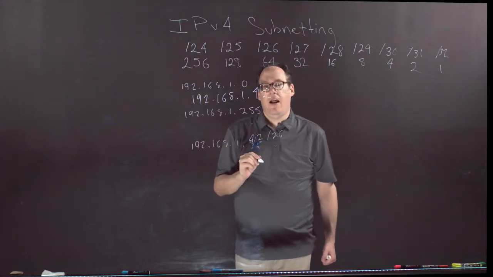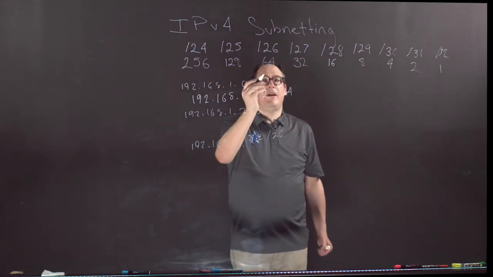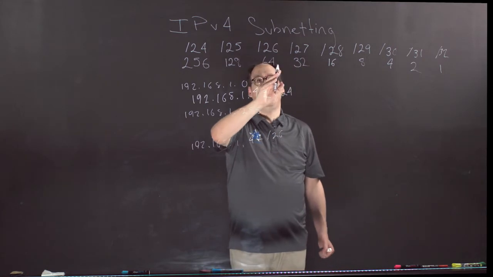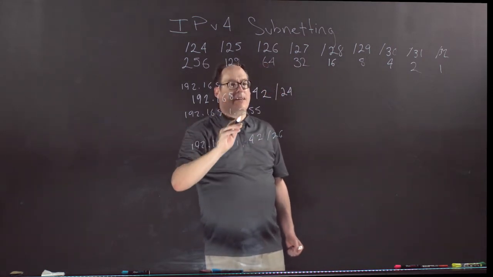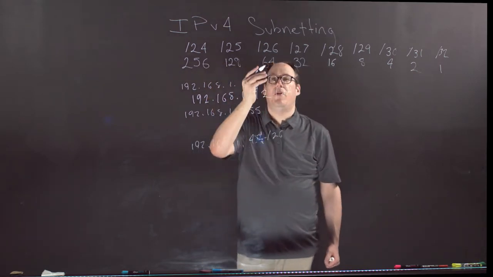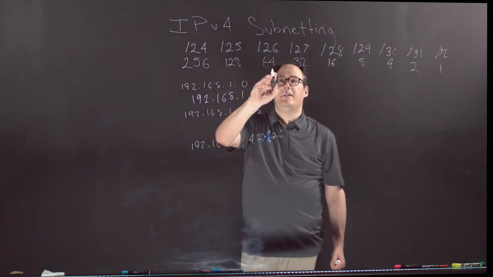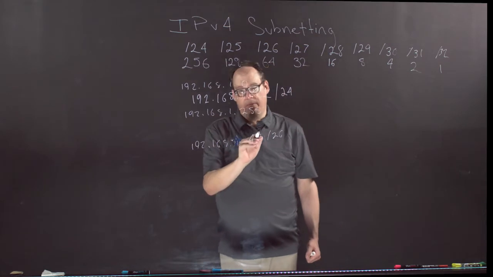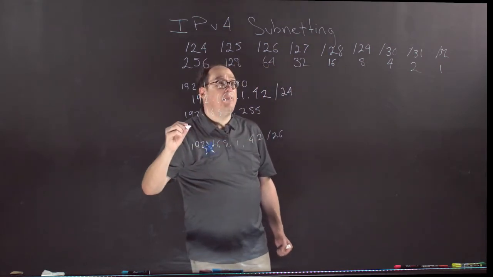If I have 192.168.1.42/26, there's a particular boundary that I'm going to fall in. In this case, if my network starts at 0 and I only have 64 addresses, my broadcast is going to be 63. So my address is going to fall within this boundary.